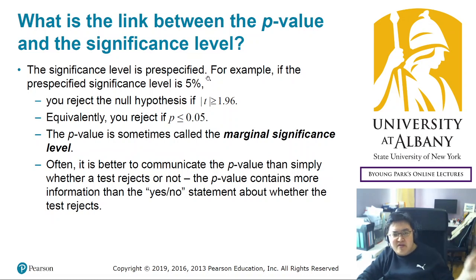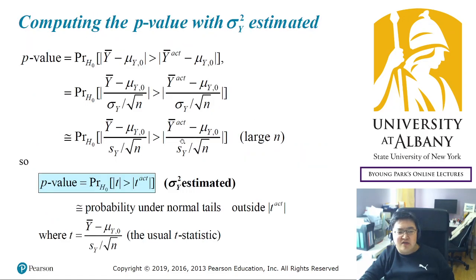There is mathematics, algebra behind it, but I am going to skip that. The important point here is this number. Later you are going to see a lot of p-values and a lot of t-statistics, so it's important to understand what they are and how to interpret them.